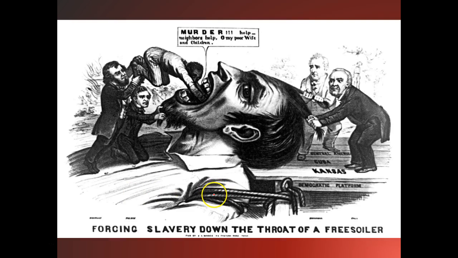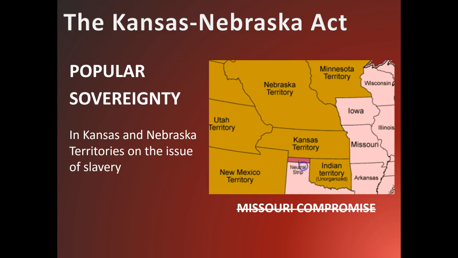This guy tied down here is someone who doesn't want slavery to spread throughout the territories. We see Kansas is the platform here, the Democratic platform, and these are the guys trying to force down this free soiler, and over here are Southerners pushing slaves down the throat of someone who doesn't want to see slavery expand. It's an interesting way to look at political cartoons from the 1850s.